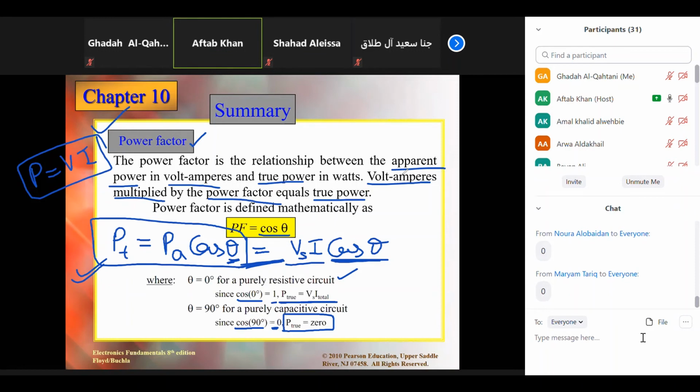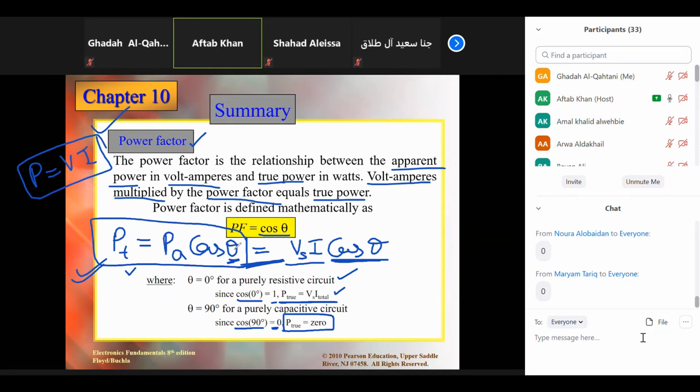That concept is also explained here very well. This type of question may be asked, and we can puzzle you with something: for a purely resistive circuit, what should be the true power? Any concept has to be clear. Theta depends upon the type.